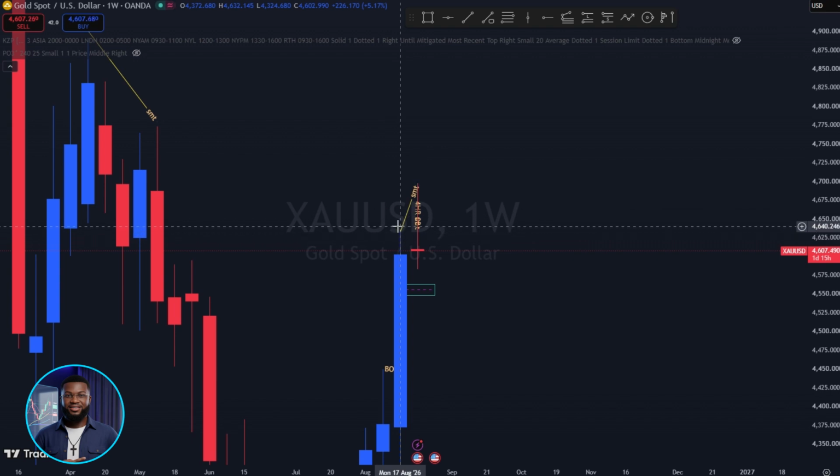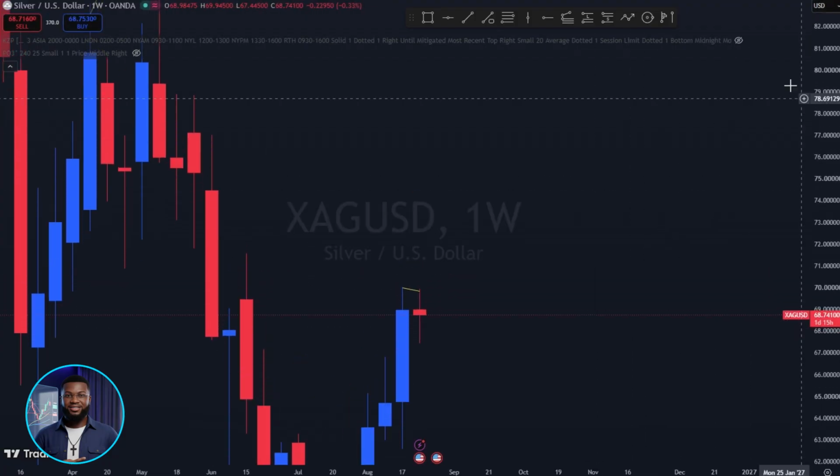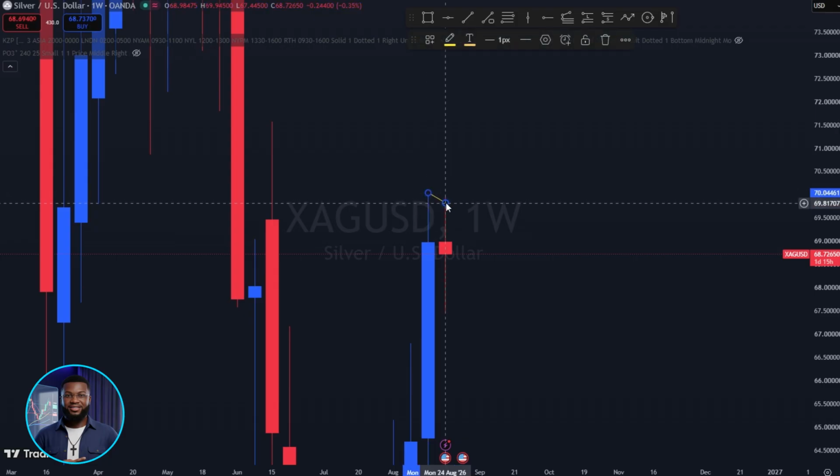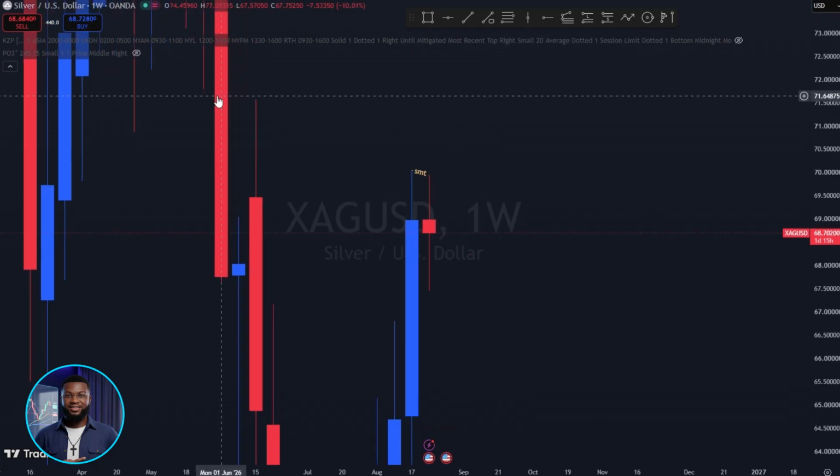You can see right here that this candle took the high of the previous candle. But when you check silver, silver couldn't do that, so making it a good SMT, a place where we can look for some reversals.